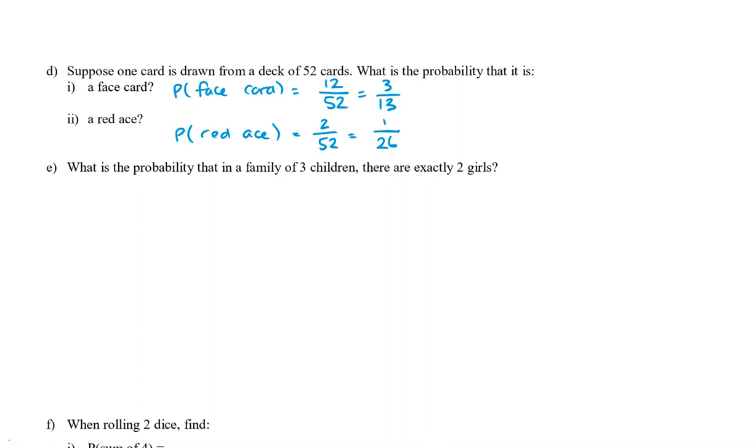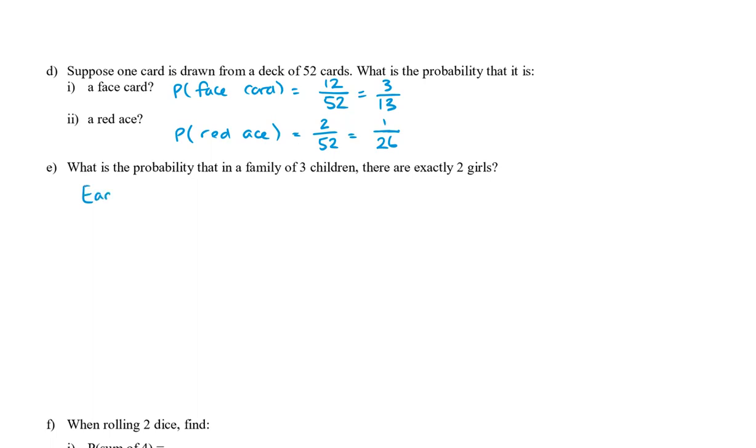All right, in the next example, what is the probability that in a family of 3 children, there are exactly 2 girls? Now, we can actually write all of the possibilities down, but we want to be systematic about it. So we're going to draw a tree.